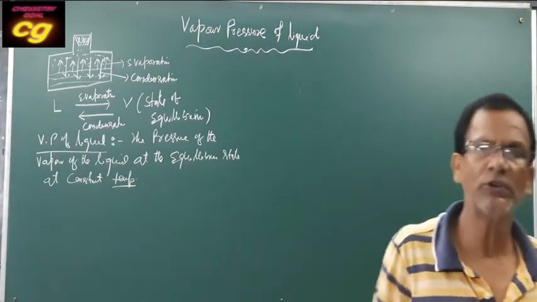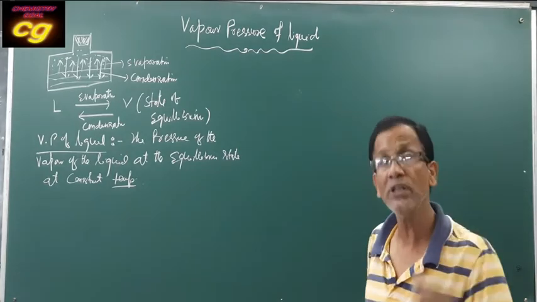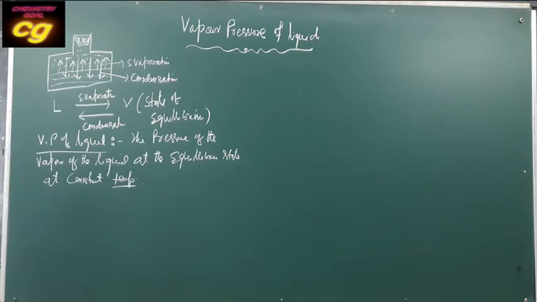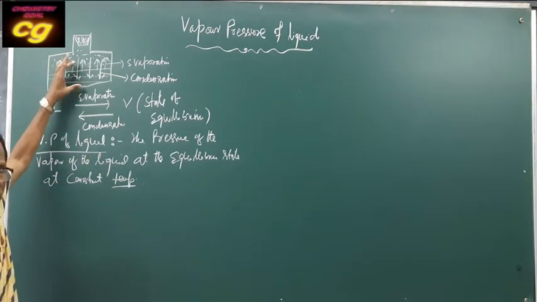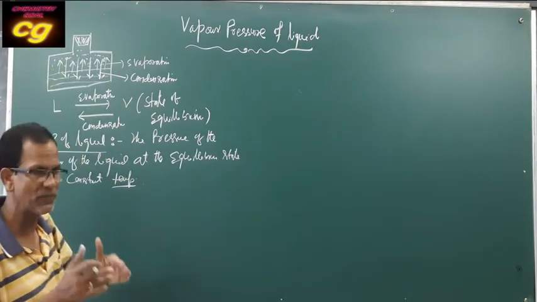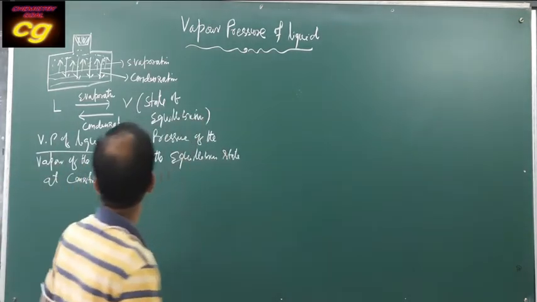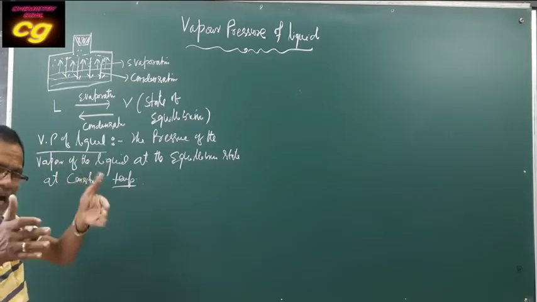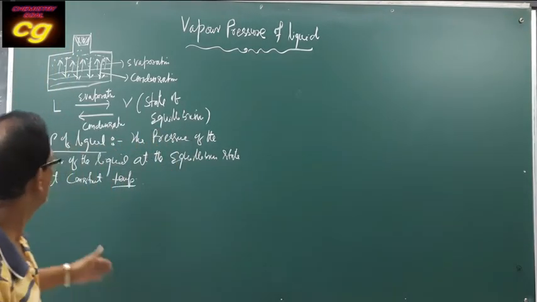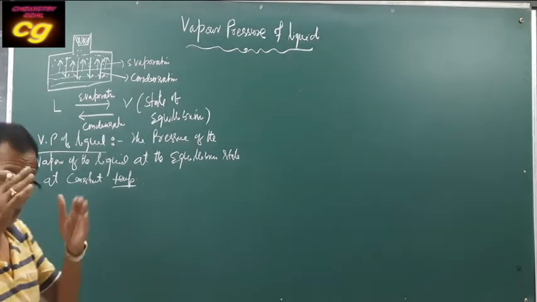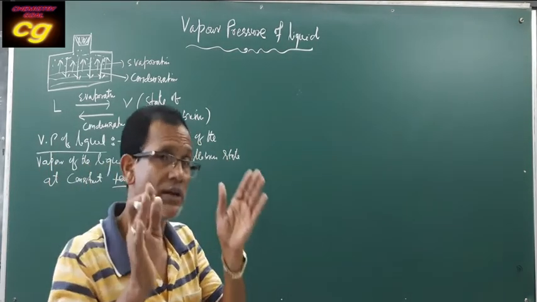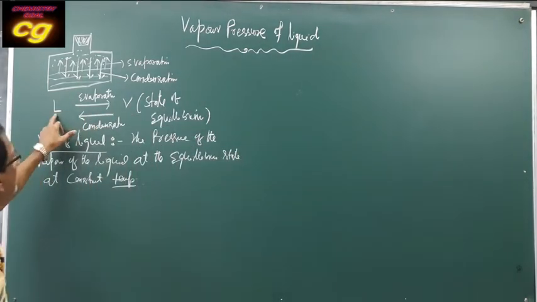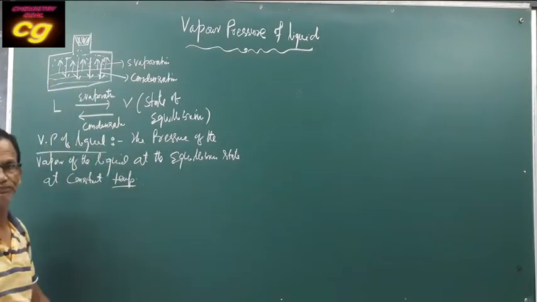At any temperature you can measure the vapor pressure, but the vapor pressure will change. At a particular temperature, you have to take the liquid in a closed container and wait some time, until the pressure of the vapor of liquid remains constant at the same temperature. If the vapor pressure remains constant while you maintain constant temperature, that indicates liquid and vapor are in equilibrium.